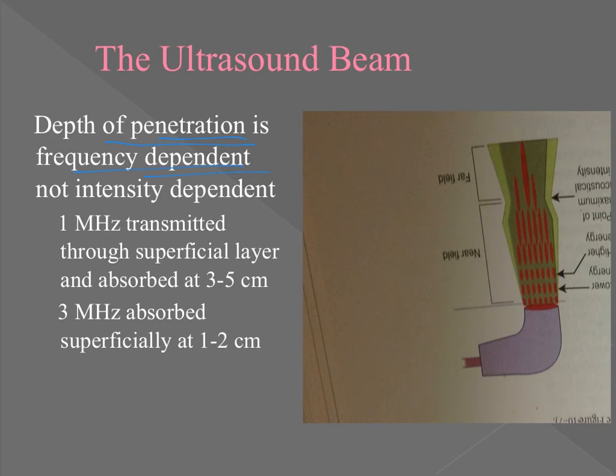You could turn it all the way down to 0.5 watts per centimeter squared. The intensity does not in any way impact the depth of penetration of your treatment. The only thing that does is the frequency. Are we clear on that? I hope so. If not, you guys yell at me via email and we can discuss it.